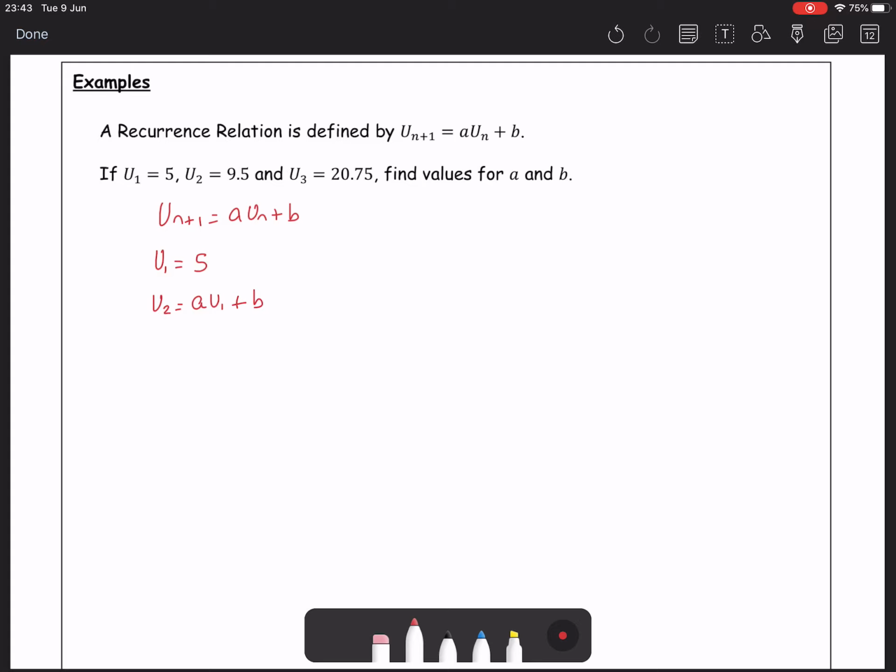Therefore U2, we know, is 9.5, U1 we know is 5, plus b. I'm going to rewrite that as 9.5 is equal to 5a plus b.